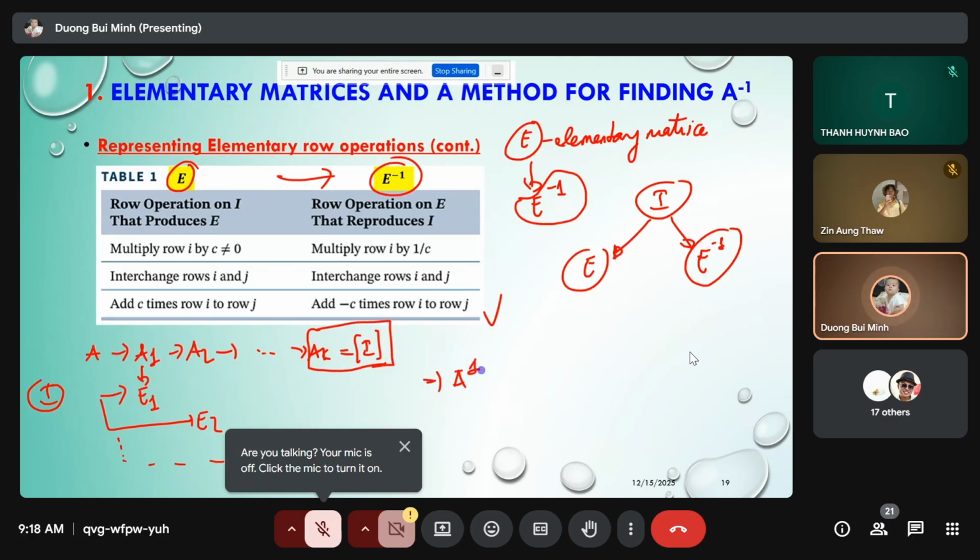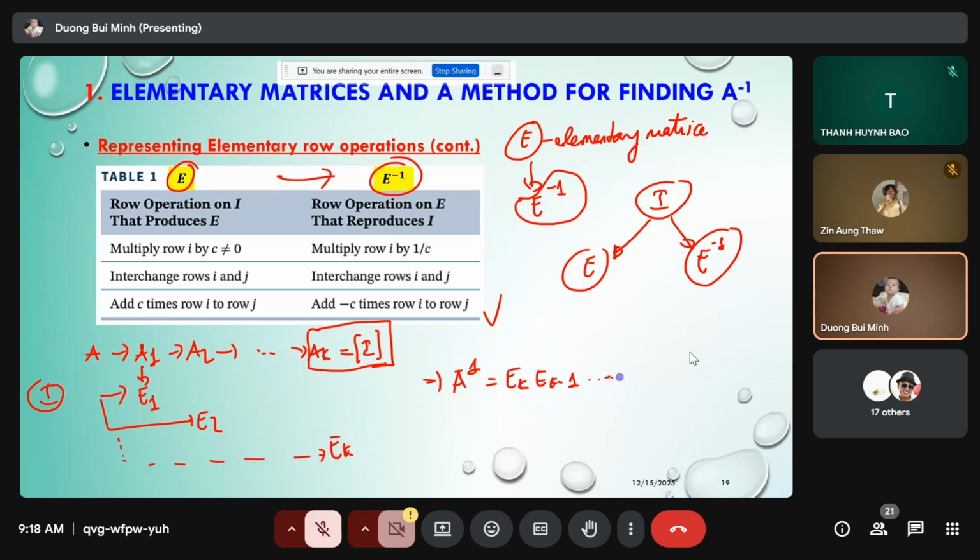After that we can get the inverse of A: the inverse of A is EK times E(K-1), and so on, times E2 times E1. So this is the second way to determine the inverse of A.